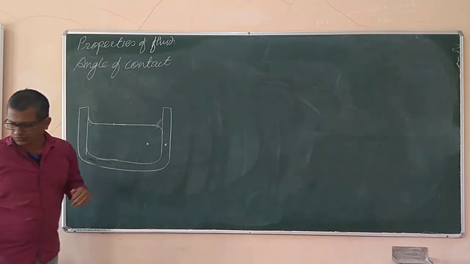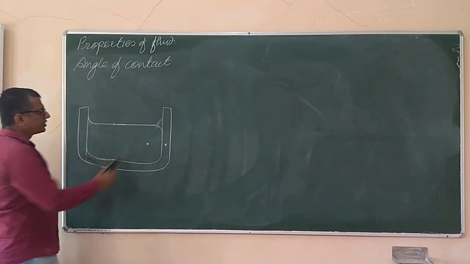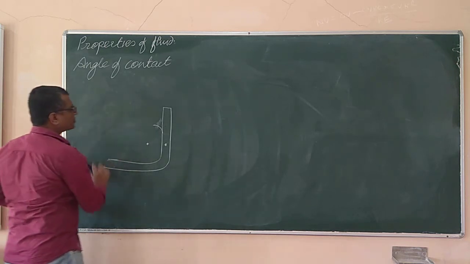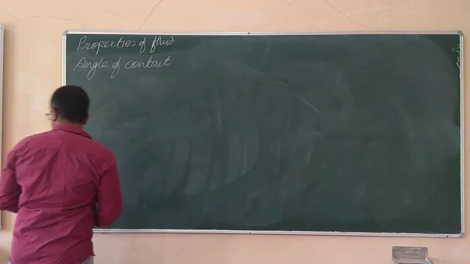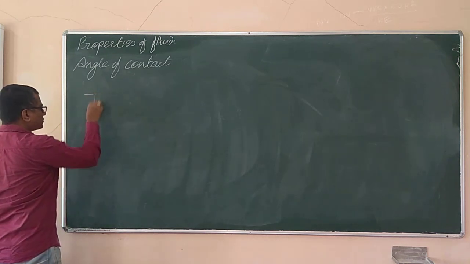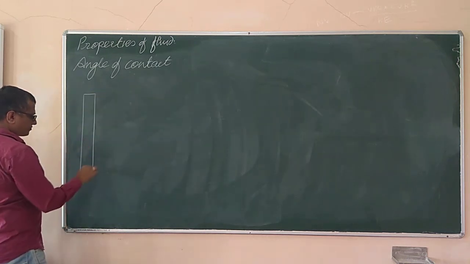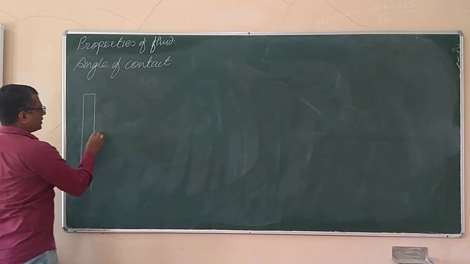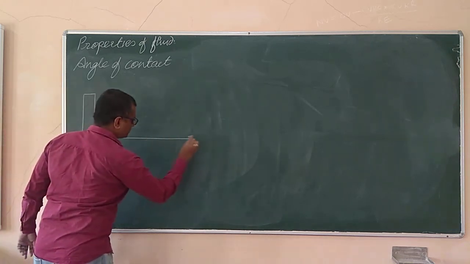Now let us assume the liquid in the container is going to rise up. I would like to redraw the figure. So this is the wall of the container, and this is the liquid over here.